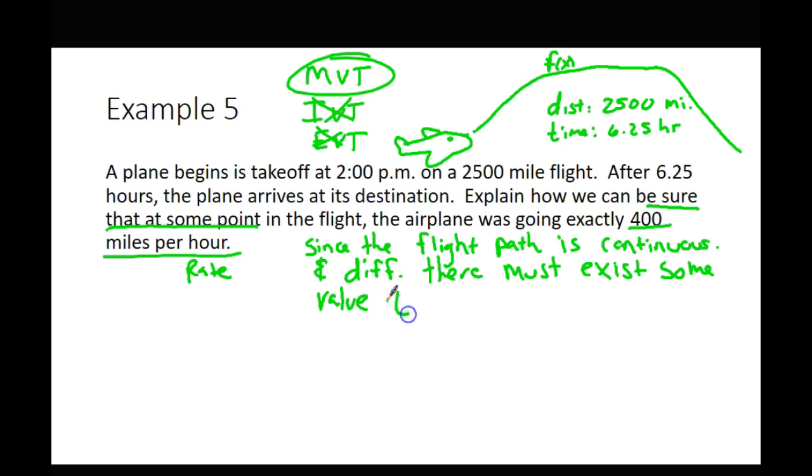I'm going to use t instead of c for this because we're talking about time. There must exist some time at which the instantaneous rate of change of this airplane, which is the derivative of the function, is equal to its average rate of change.